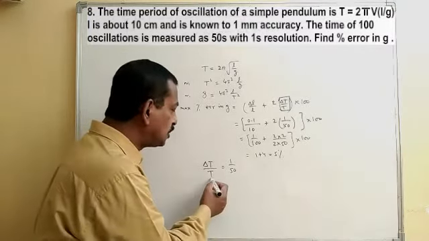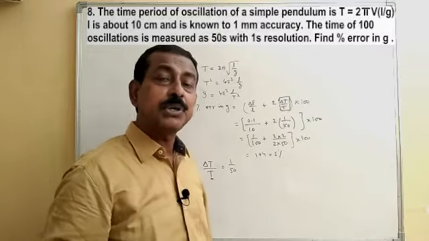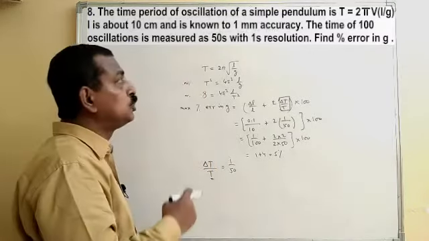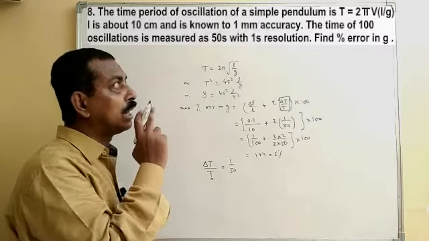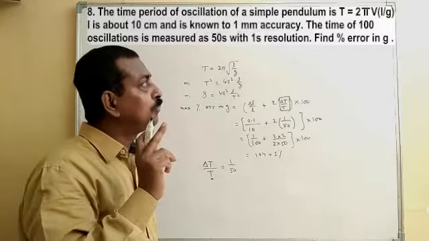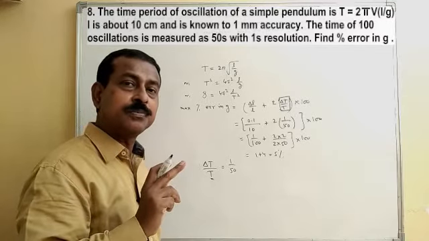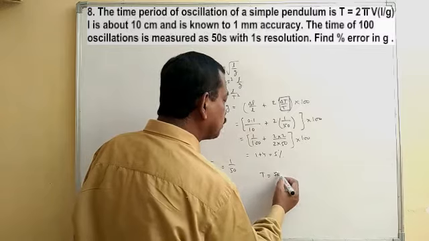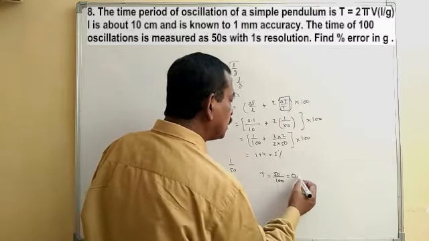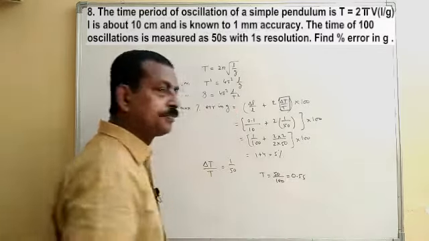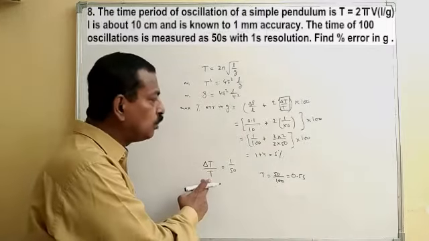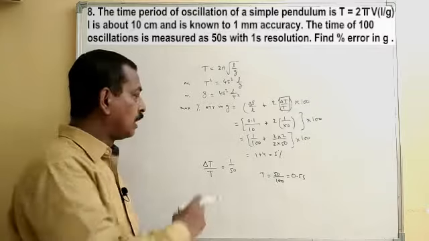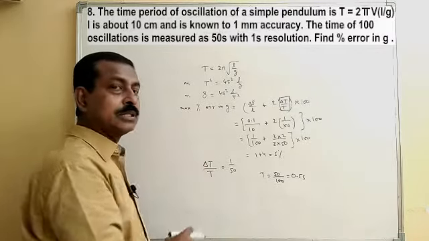But what is this T? This is the time period of oscillation of the simple pendulum. And you have recorded the time for 100 oscillations as 50 seconds. So what will be the time period? If you take the time period, it is 50 by 100. So that is your 0.5 second. Are we putting this value as 0.5 second? No. And this delta T, this is 1 second.